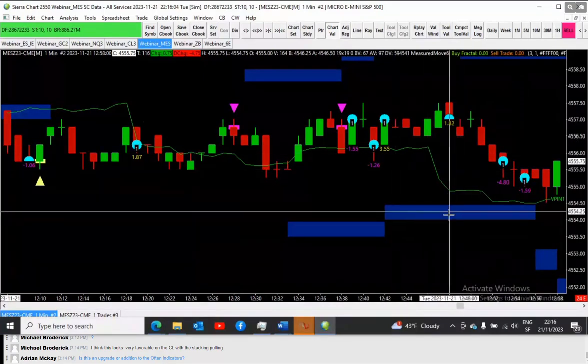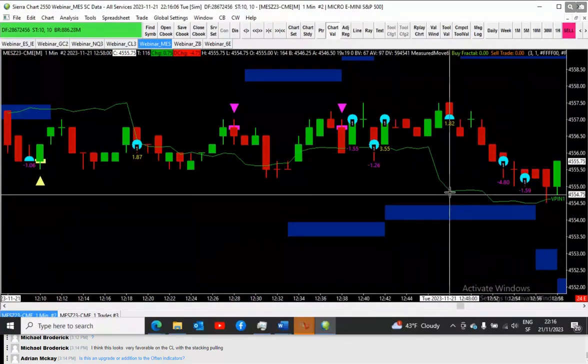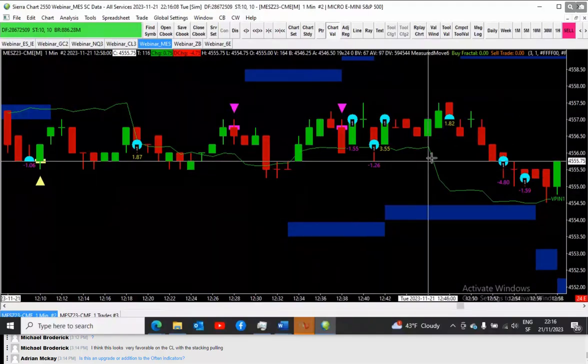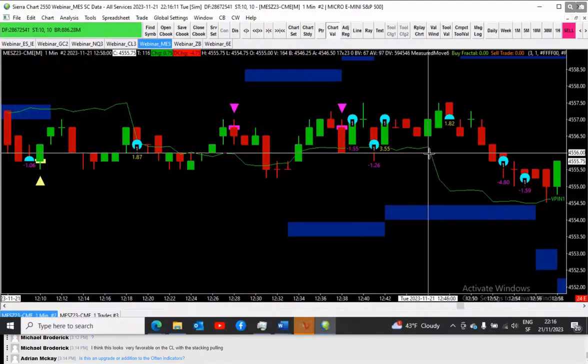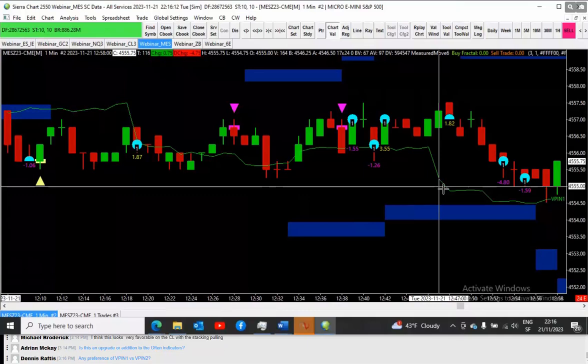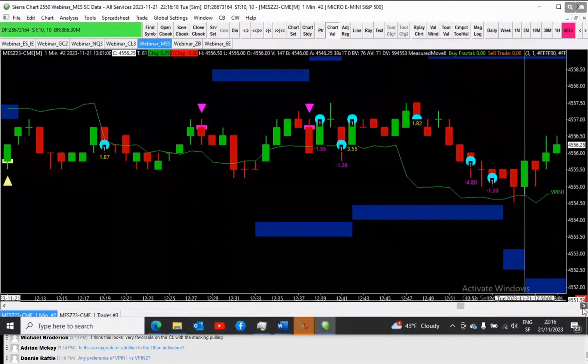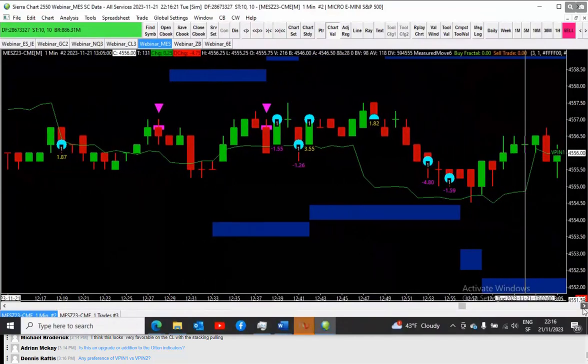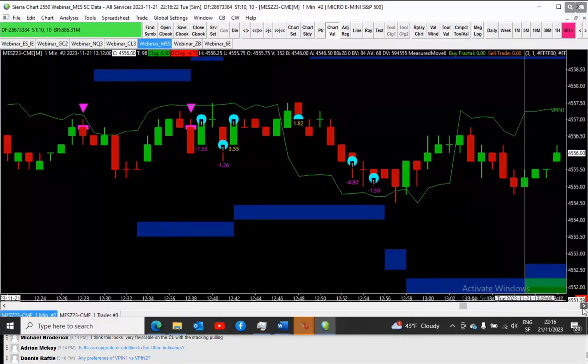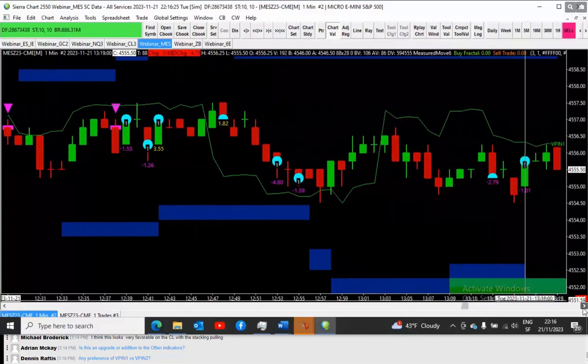Again, nothing guaranteed, but when you see these fairly sharp moves down, that's the point at which to pay attention to VPIN, because it usually indicates that something is about to happen in that particular direction, whether it's up or down. You see it's gone up here.